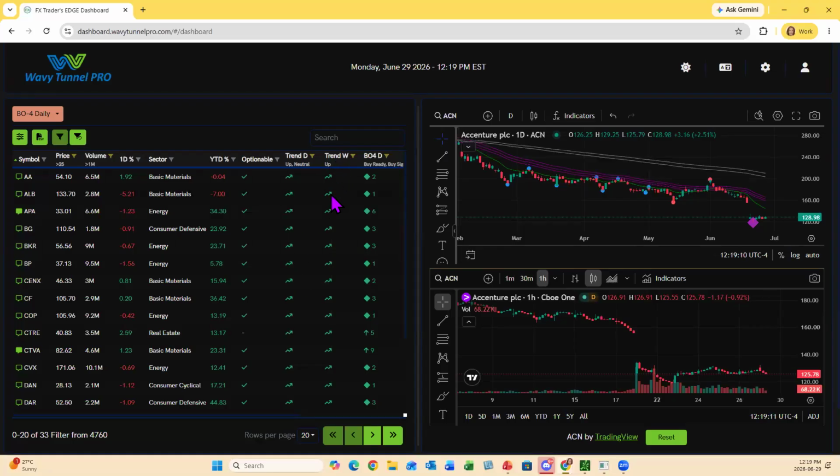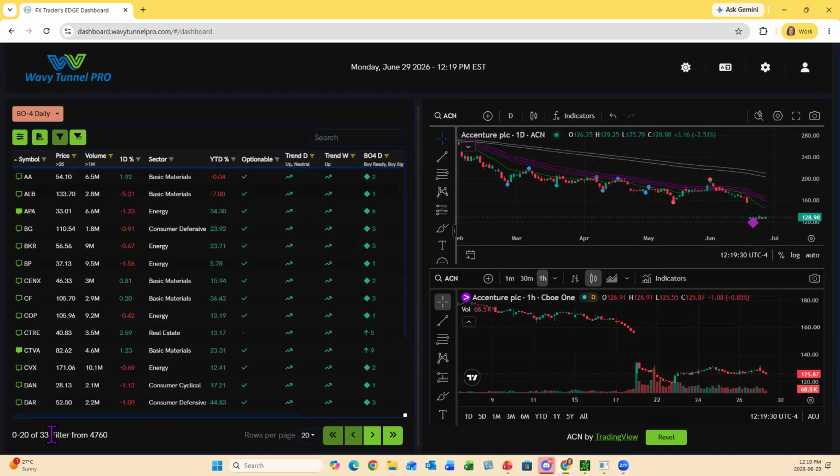The weekly trend is up. So I want to see that the weekly trend is up. And how do we define an uptrend? An uptrend is when the wave is above the tunnel. The daily trend can be neutral, meaning the wave is in the tunnel. Often that happens. But the daily trend cannot be down.